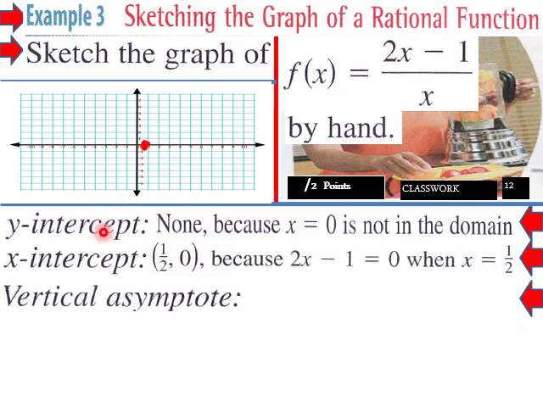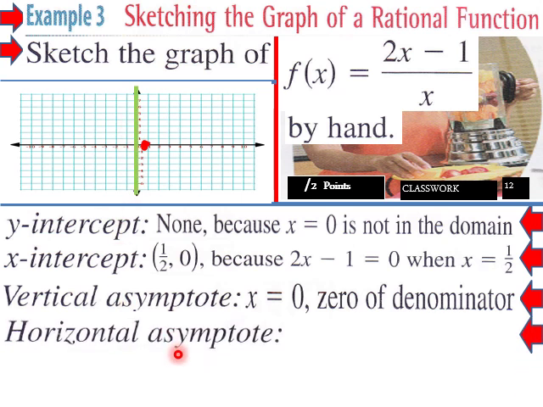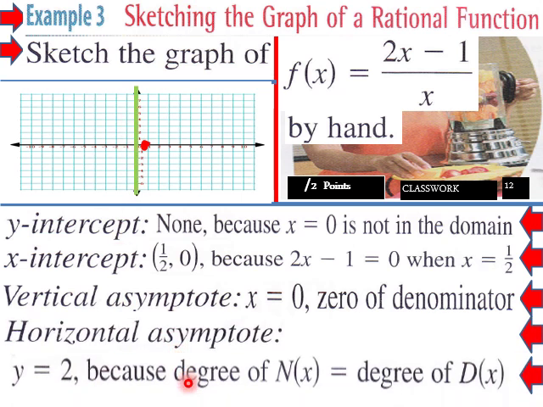There's no y-intercept. So the vertical asymptote is x equals 0. This is the zero of the denominator when x equals 0. So there is your vertical asymptote. Then your horizontal asymptote is y equals 2 because the degree of the numerator equals the degree of the denominator.